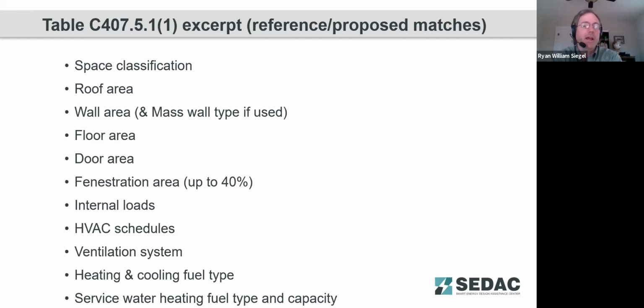Fenestration area, do I have the same internal loads? I can't say that I'm going to use high efficiency computing in my proposed design, and my reference design has standard efficiency computing equipment. That wouldn't be a fair comparison between the two. And similarly, HVAC scheduling, I can't say that I'm going to operate my building 9 to 5 and the base building is going to operate 6 a.m. to 11 p.m. That wouldn't be a similar comparison.